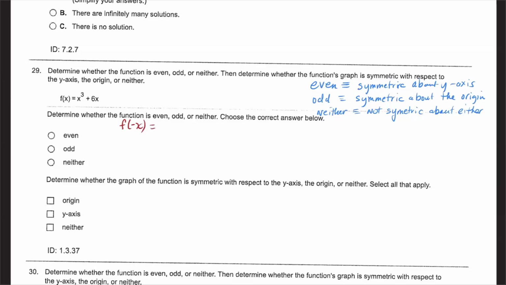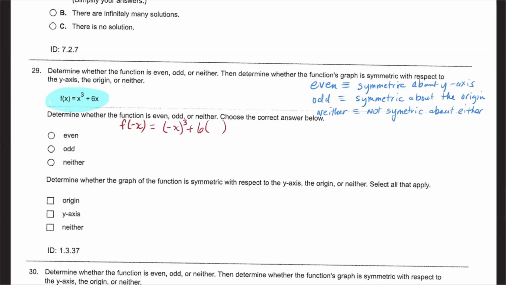The function here is x cubed plus 6x. So everywhere there's an x, I'm going to put a negative x. So negative x in parentheses cubed plus 6 times a parentheses with the negative x. Always use parentheses when you're putting these values in, because otherwise you're going to get something wrong.